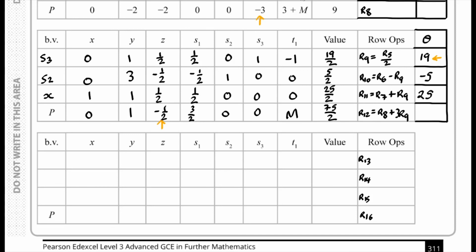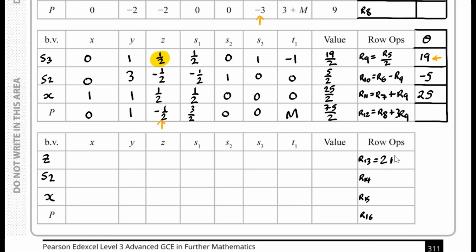And therefore, this 1/2 is our pivot row, so our pivot value. And instead of us having an S3, we replace that with Z. So we have Z, S2 and X, and finally P. Now, to work out row 13, we would have to divide row 9 by 1/2, and that's the same as multiplying by 2.